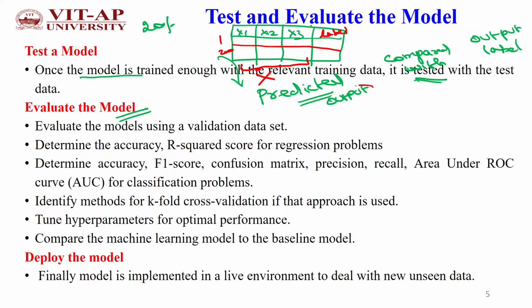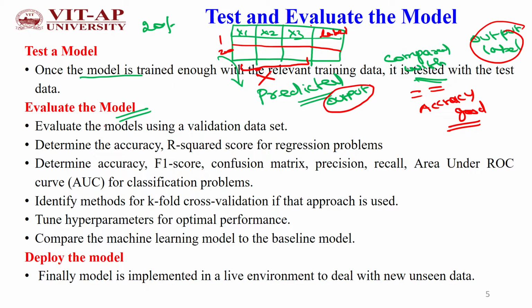Then this predicted output is compared with the output label. Is it equal or not equal? If it is equal, your accuracy is good. Otherwise accuracy is not good. Okay, that is the thing. So this comparison process is called evaluation.